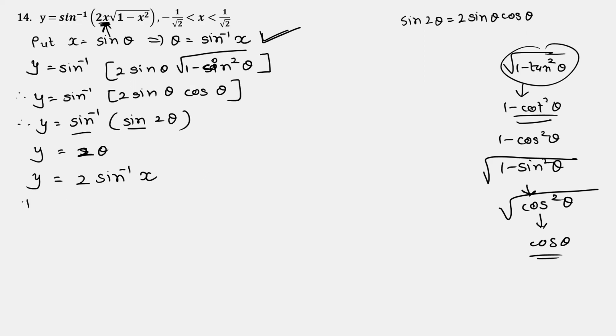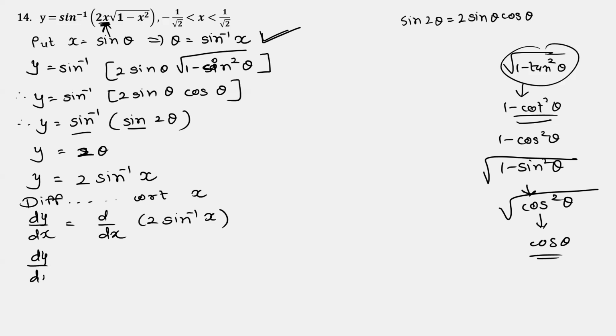Differentiating both sides with respect to x, we get dy by dx is equal to 2, a constant, which can go outside, times d by dx of sine inverse x.